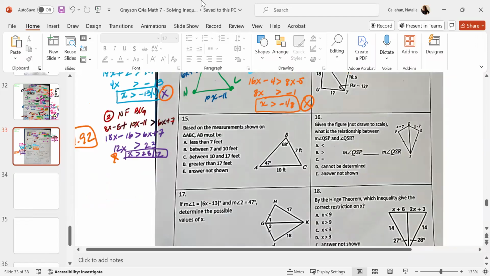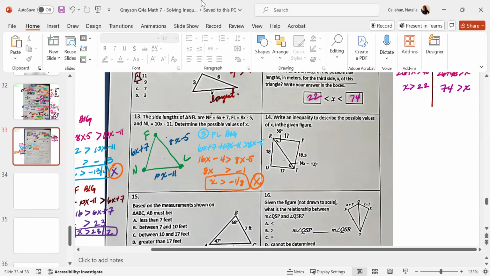All right, so for number 14, write an inequality describing the possible values of x in the given figure. Are those angles or is that a side? No, x.